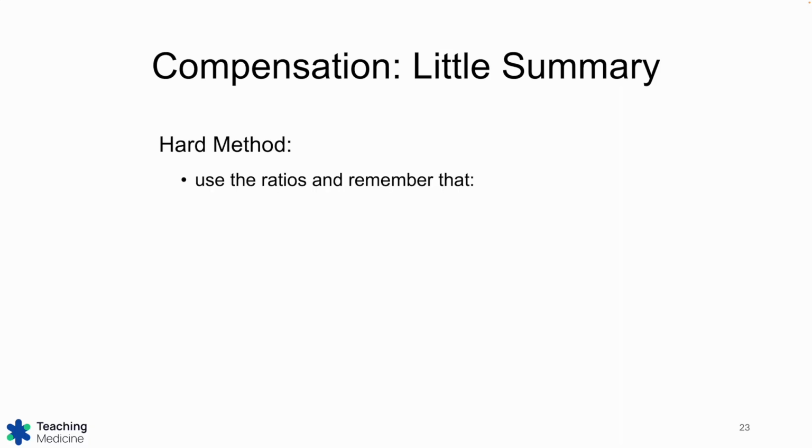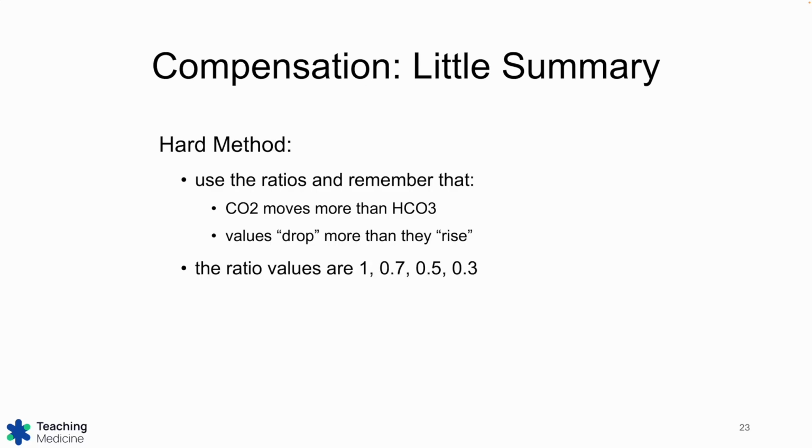The hard method, you have to memorize the ratios, but to help you remember, you can remind yourself that the CO2 moves more than the bicarb, and that values drop more than they rise.